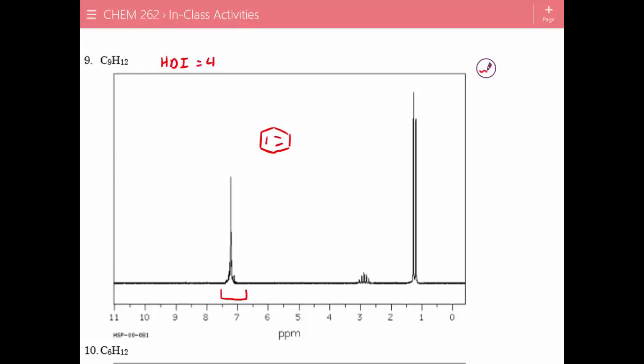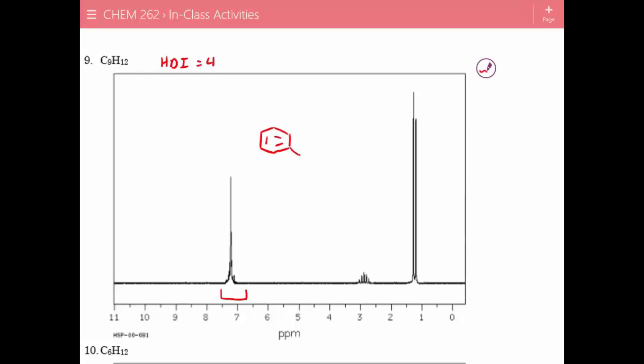In this case, the benzene peaks all in this aromatic region look like they're pretty clumped together. Usually when you see this splitting pattern, it means that either you've only got one substituent or you don't have very good symmetry. So in this case, we're missing 3 carbons coming off of it.